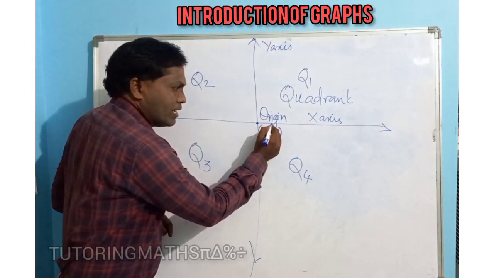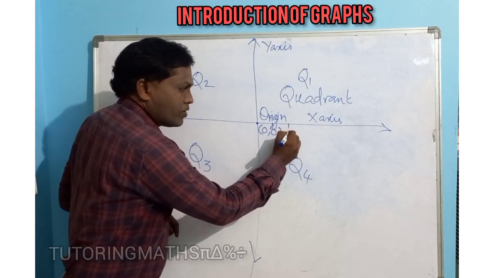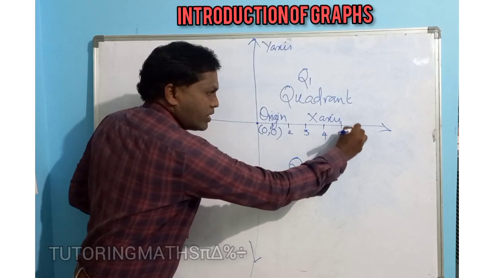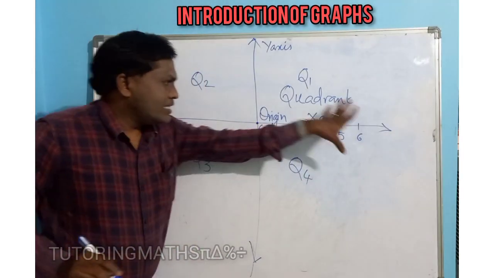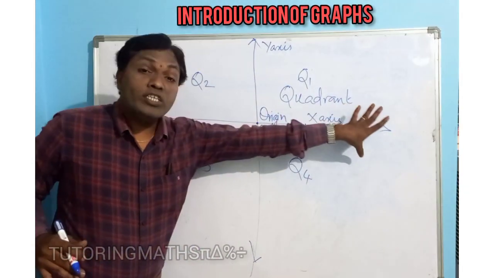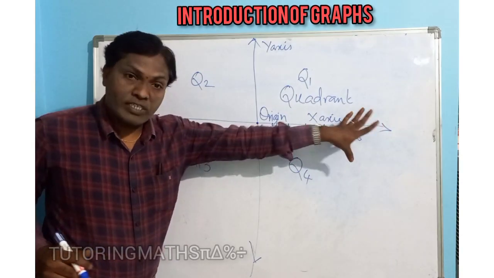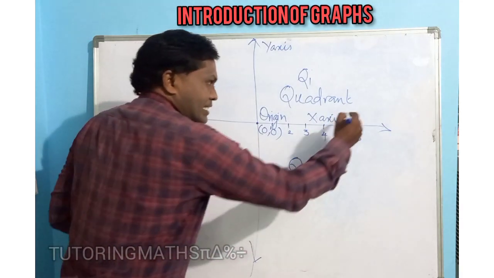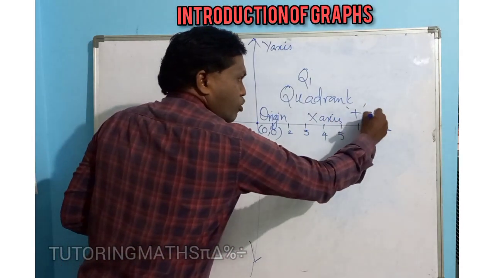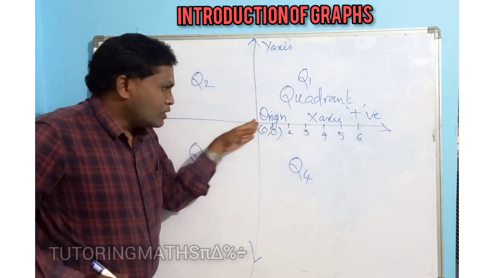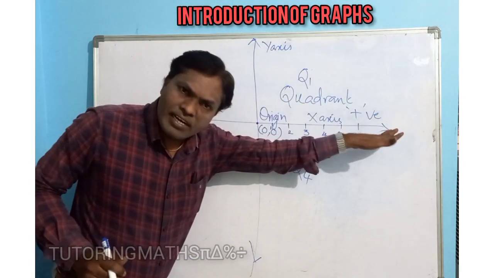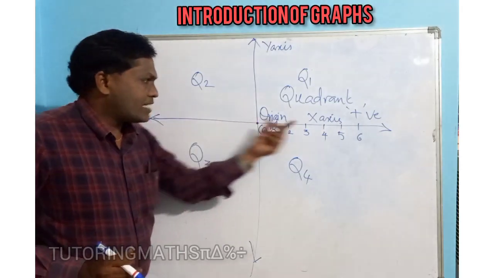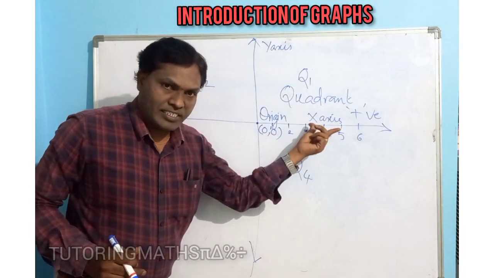And next, you take 1, 2, 3, 4, 5, 6. This is the right side, the positive side, so this is called the positive x-axis. The horizontal line is called the x-axis, and the right side part of the x-axis is called the positive x-axis.